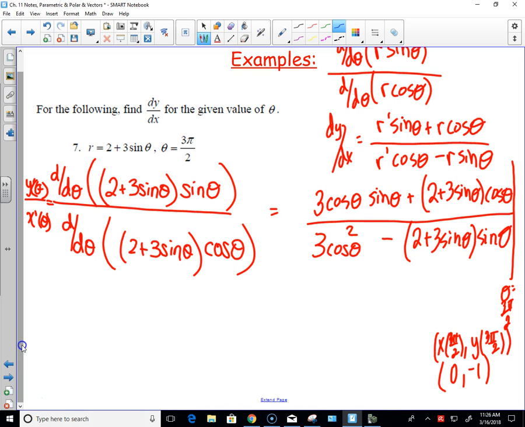Because I can come up here and say, cool, when I plug in 3 pi over 2, all of my cosines are going to be 0. So that's going to be 0, that's going to be 0, that's going to be 0. And then all my sines, well, that's 0 anyway, who cares? And that one's going to be negative 1.